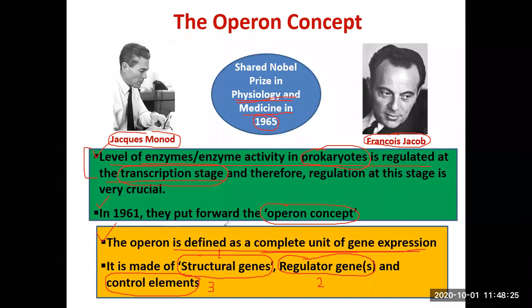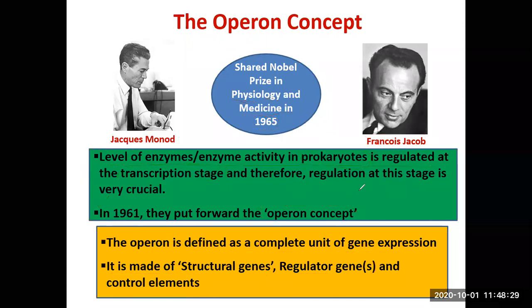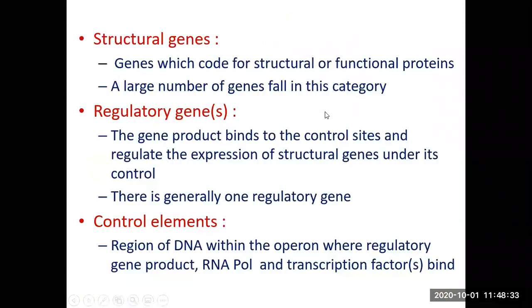Now let us understand what is meant by structural genes and what is meant by regulator genes. Structural genes are genes which code for structural or functional proteins. Functional proteins means enzymes. Genes which code for enzymes, functional proteins, or some proteins only have structural roles.